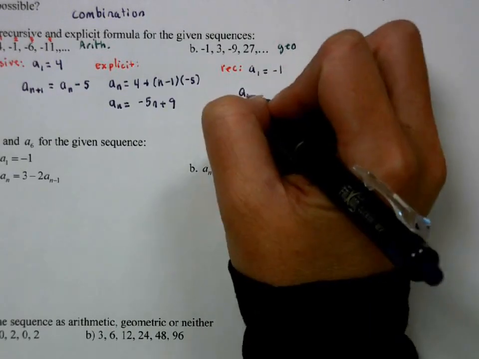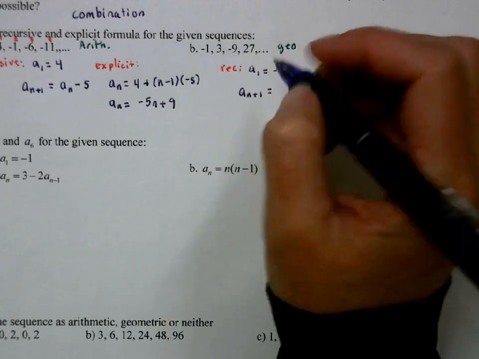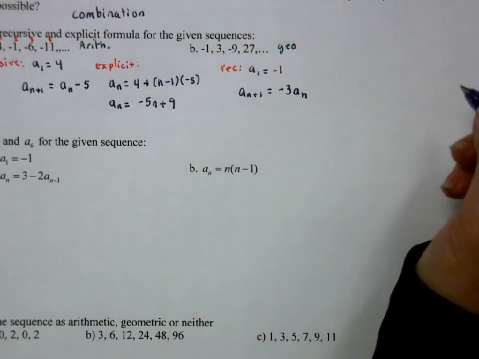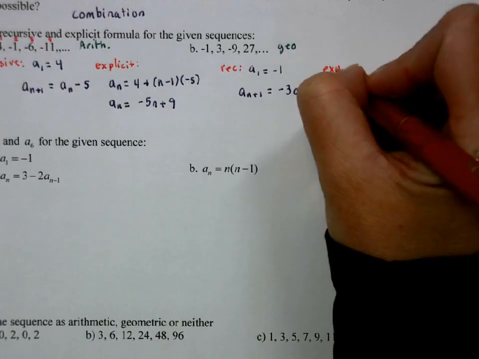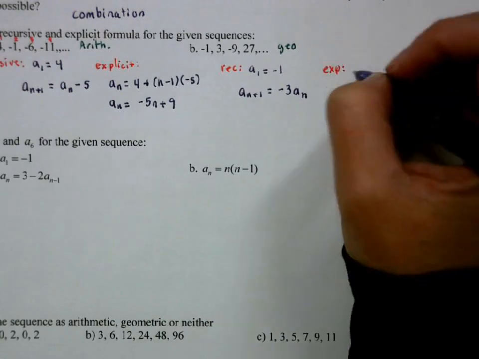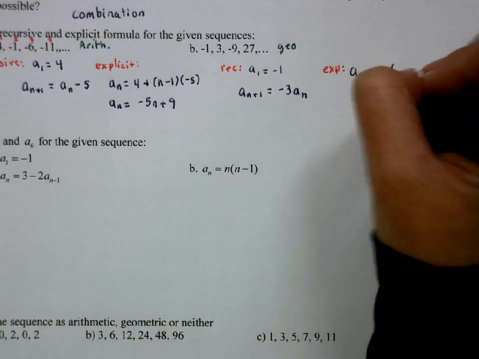For the explicit, the general formula is an equals a1, which is negative 1, times the common ratio, which is negative 3, to the n. And that's good for simplifying. You could write it as negative this, but the negatives don't multiply, so be careful there.